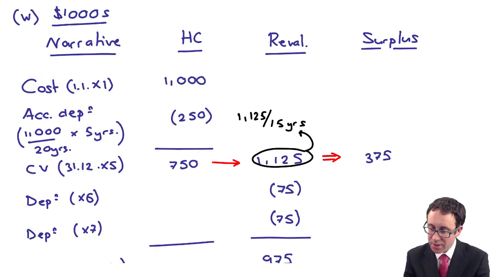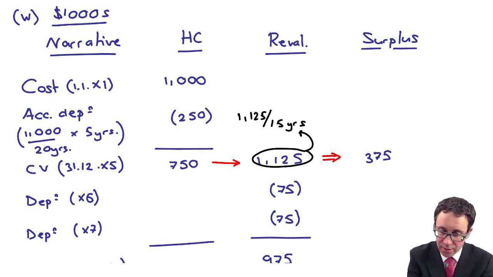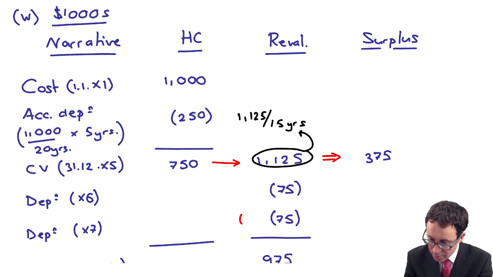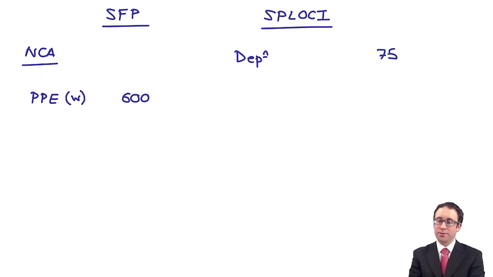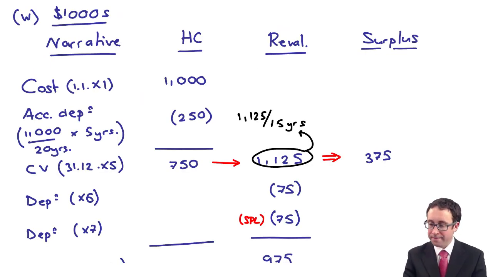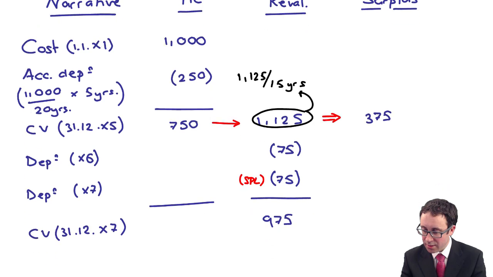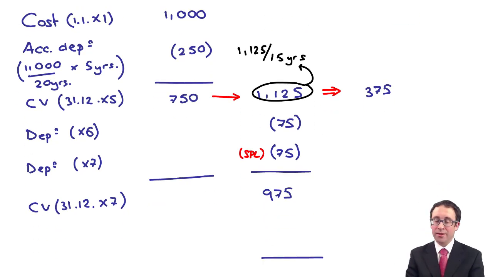The amount that has been depreciated in this year is 75,000. So there is a 75,000 depreciation charge. There's nothing too crazy about what you see there. I'm not saying it's easy, but they're the easier aspects, aren't they?